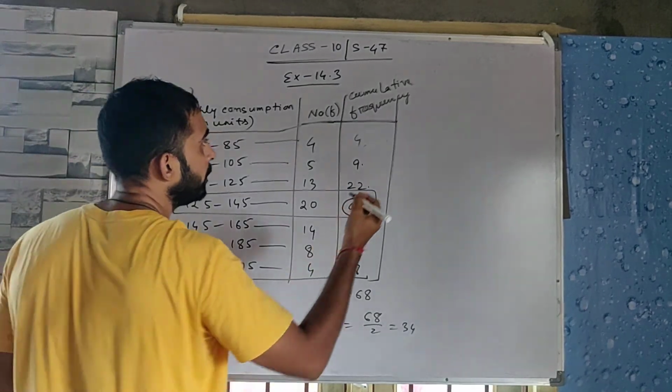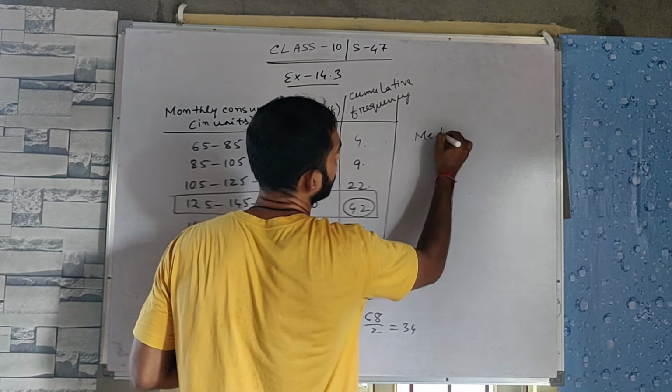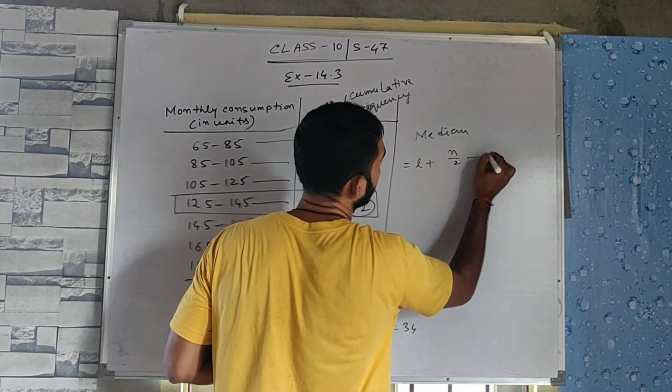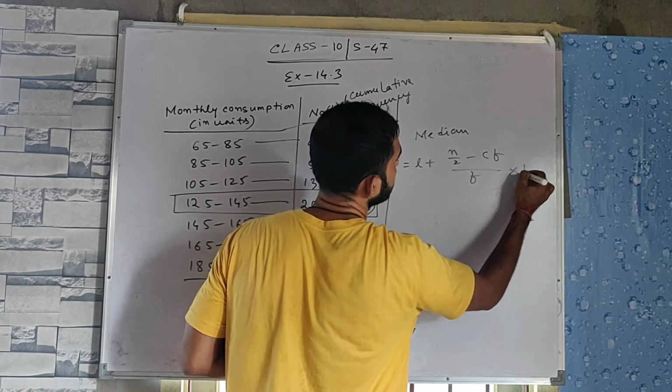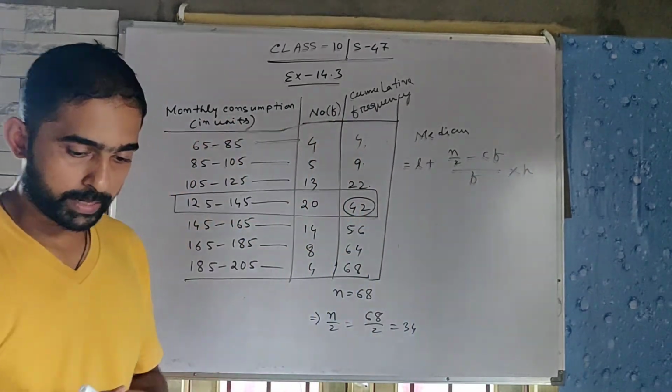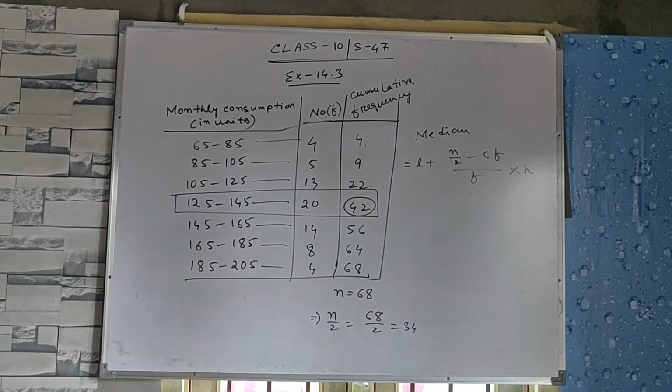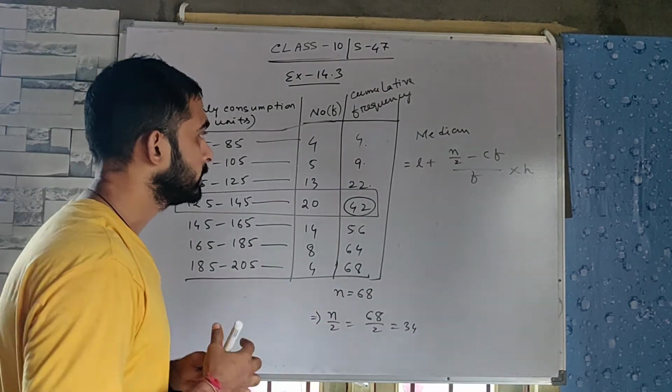Now the median formula: L plus n by 2 minus CF by F into H. What is L?